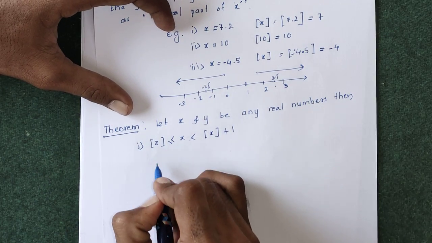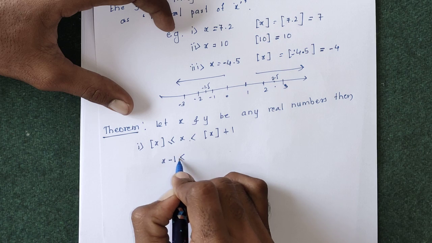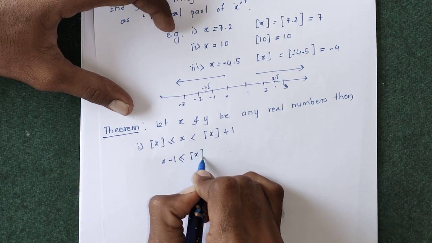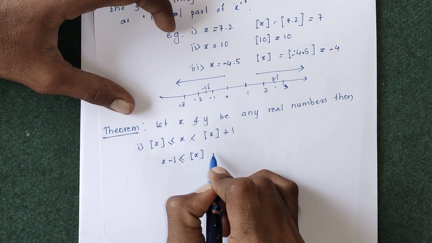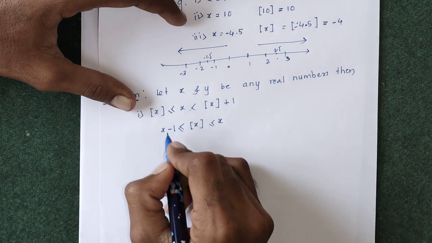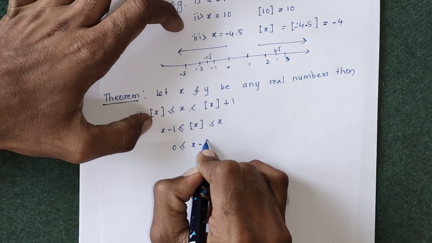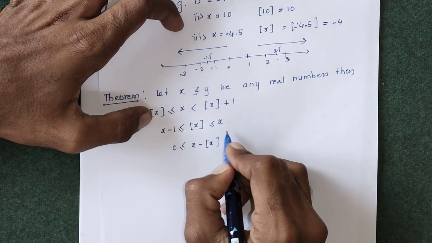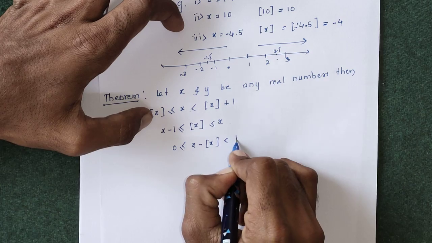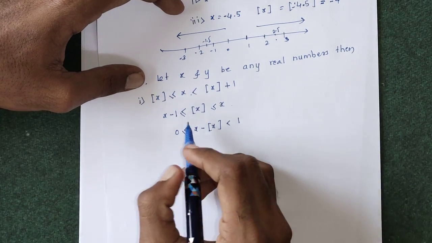So, x minus 1 is less than or equal to the integral part of x, which is less than or equal to x. Or this first property can be written as 0 is less than or equal to x minus the integral part of x, which is strictly less than 1. So, this is just the first property.